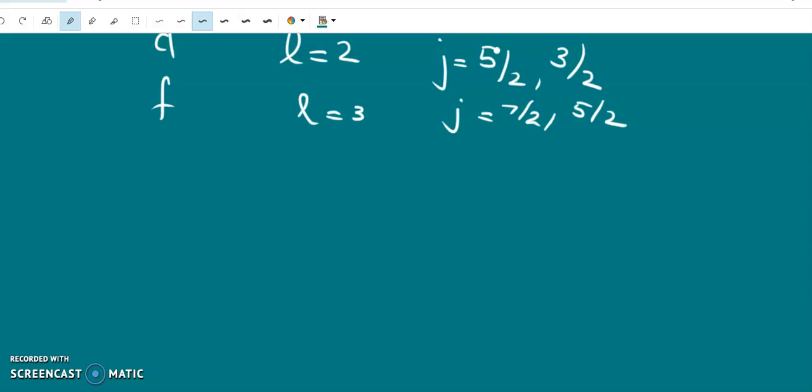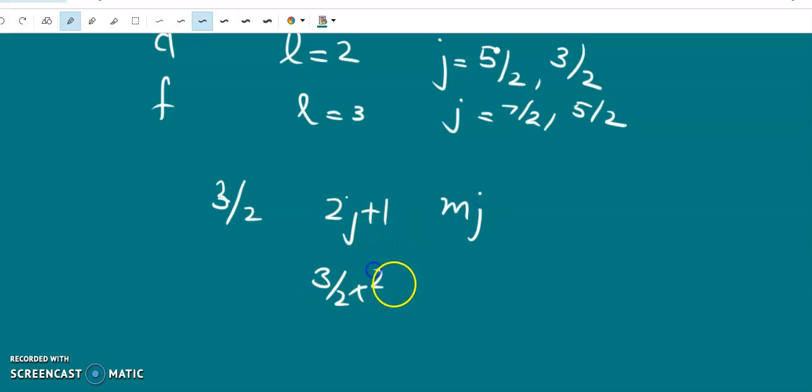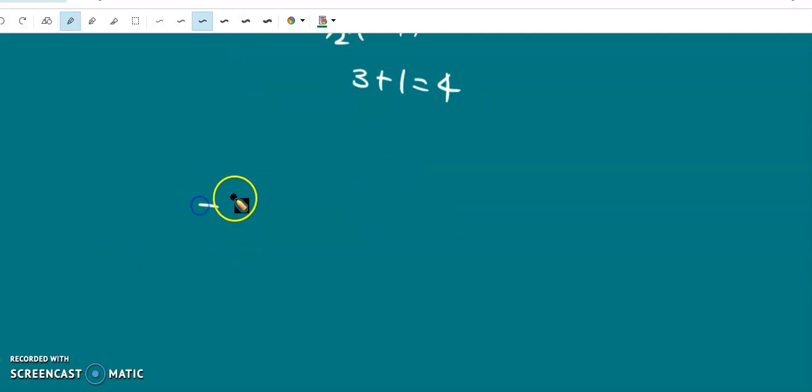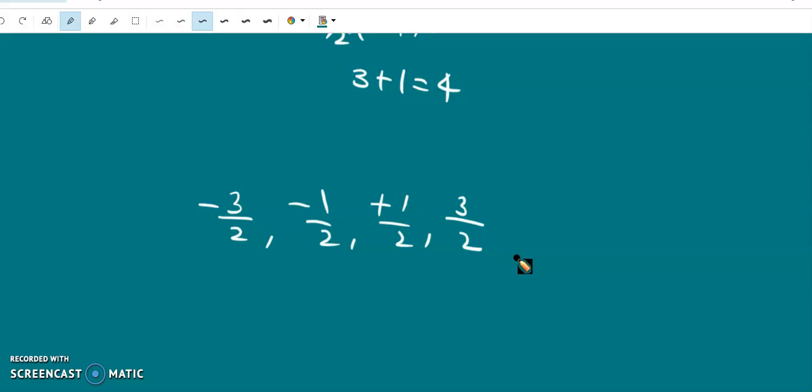For each j value, suppose j is 3/2, there are 2j plus 1 values of mj. That is 3/2 into 2, which is 3, plus 1, so 4 values of mj. These mj values are minus 3/2, minus half, half, and 3/2. The speciality of these mj values is that they are all half-integral, and the value 0 does not occur.